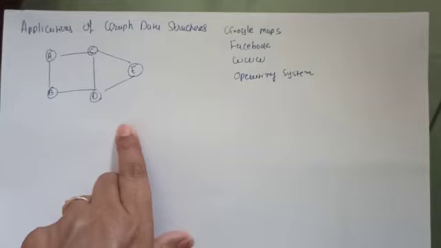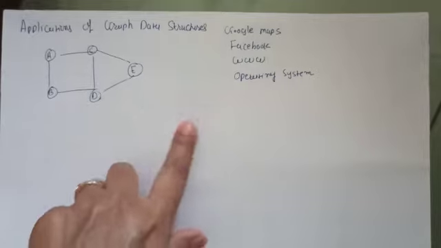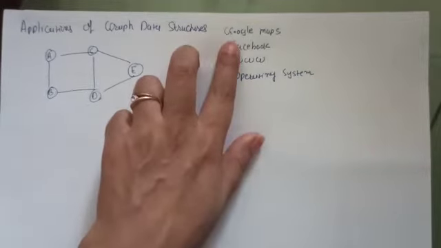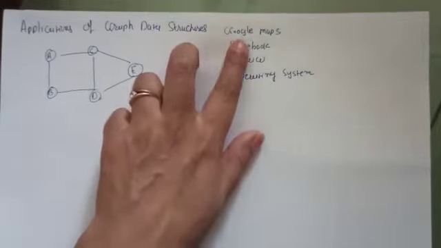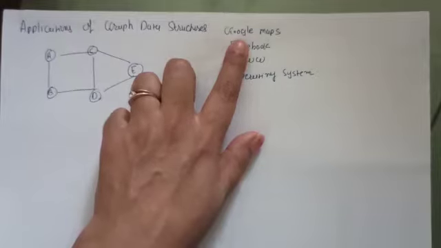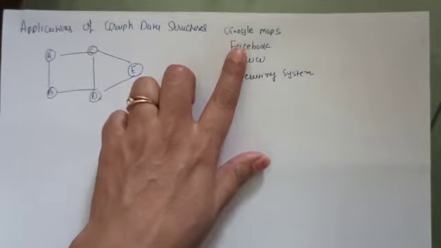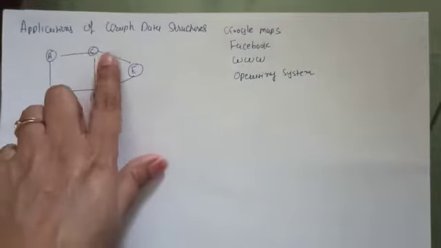So, in computer science, graphs are used to represent the flow of computations. Major applications of this graph data structure are like Google Maps. Google Maps uses graphs for building a transportation system, where the intersection of two roads is considered to be a vertex.